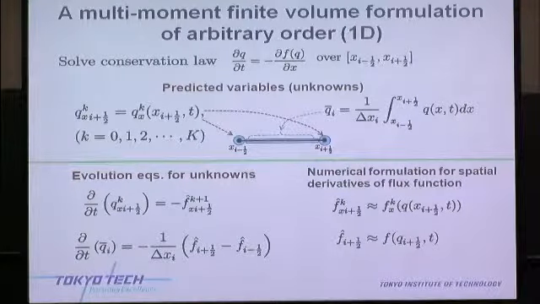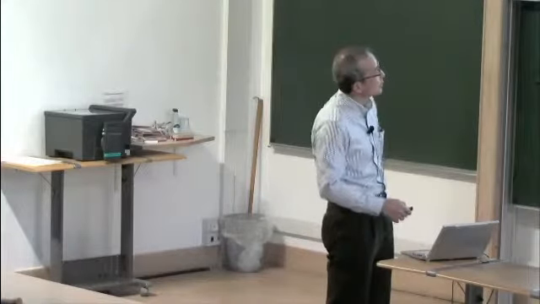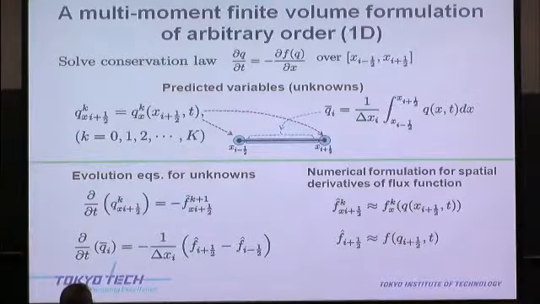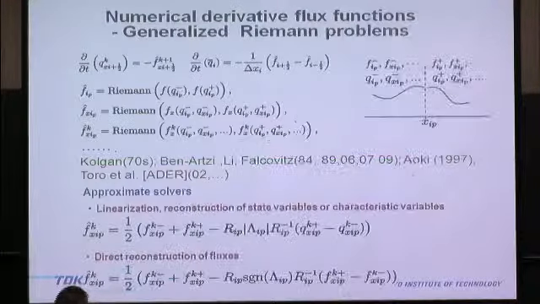And this is exactly nothing but the standard finite volume formulation. This is the flux, flow in and flow out. So the next thing left for us to do is how to calculate this flux function.